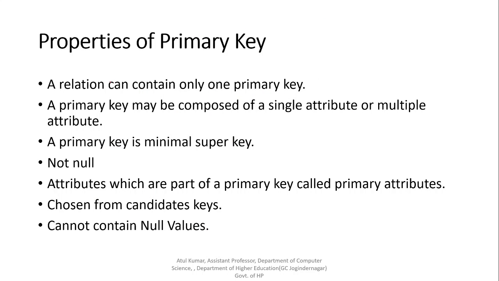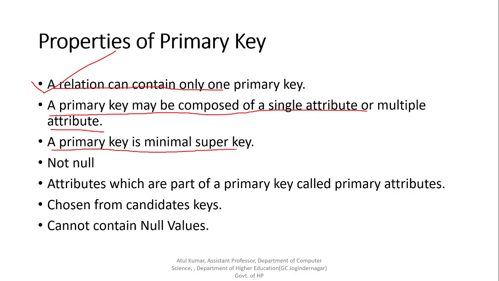So what are the different properties of primary key? The first is a relation can contain only one primary key. So a relation may have more than one candidate key, but a relation has only one primary key. The primary key may be composed of a single attribute or multiple attributes. A primary key is a minimal super key.